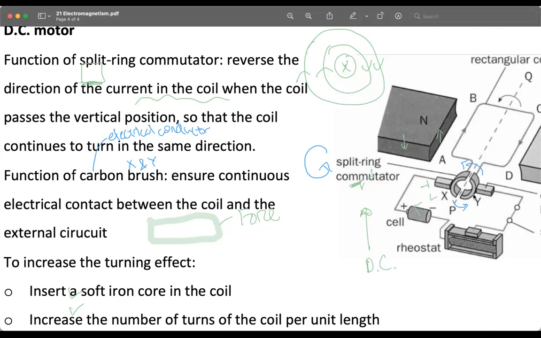So these X and Y are conductors, but very soft. So it's always touching part of the commutator. So these X and Y are the carbon brushes that ensure that the wire is always in contact with the commutator. Are you clear about this? Do you understand this carbon brush? What is it for?